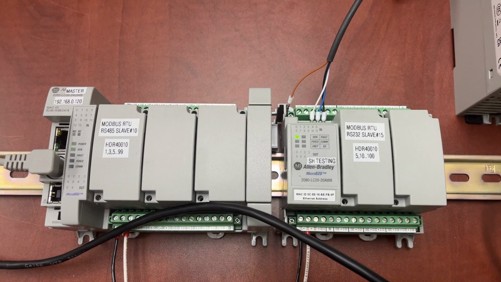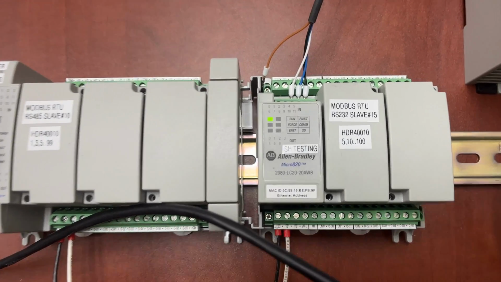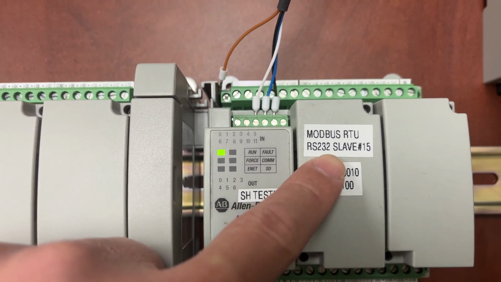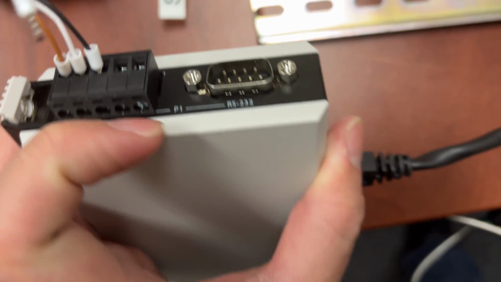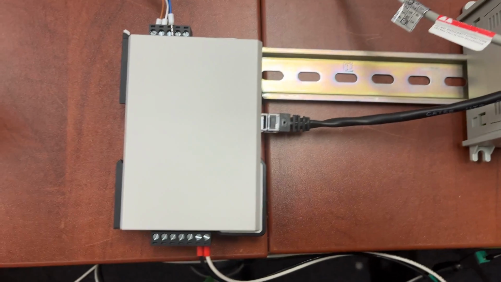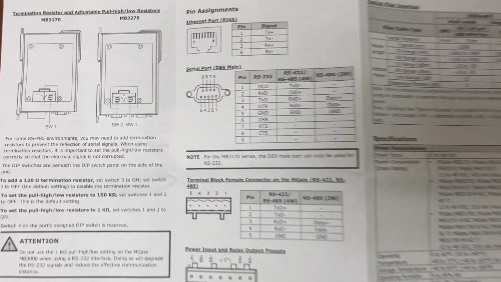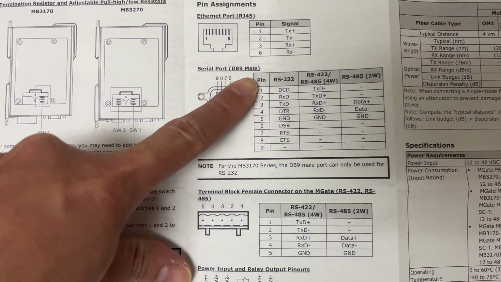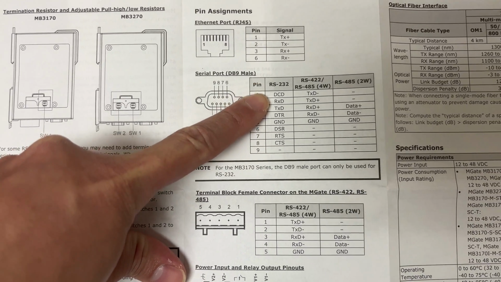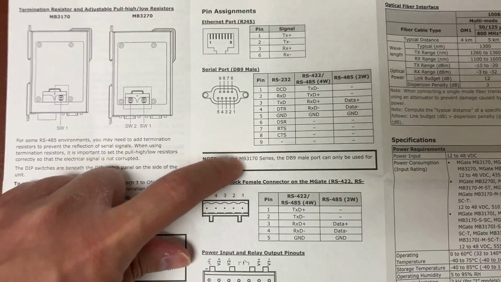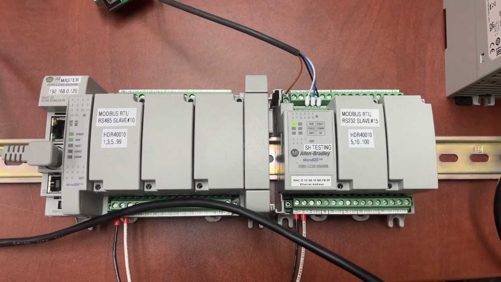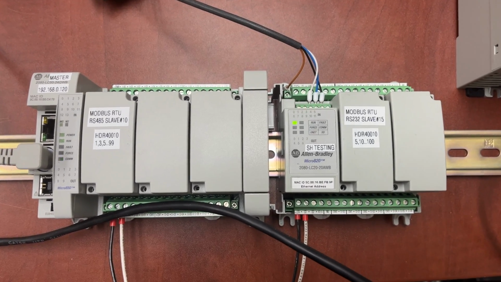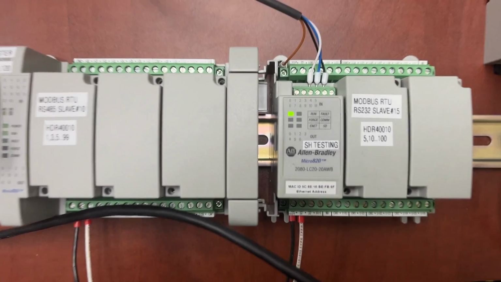For the second Modbus RTU slave device, because it is RS232, we will need to use this DB9 port, RS232 only. And this is the pin layout that we need to follow for the RS232 connection. This is how it should be wired up from the second slave device to the gateway.